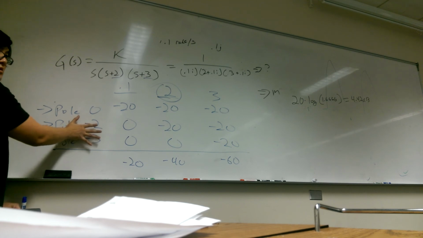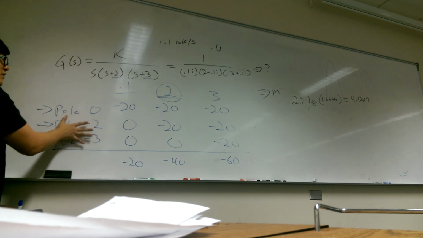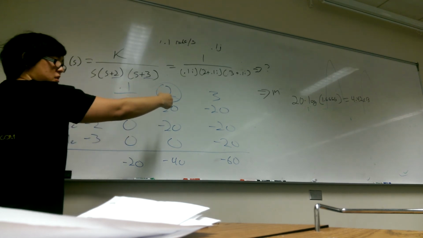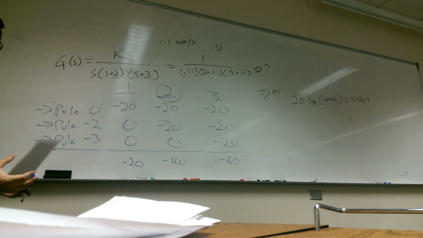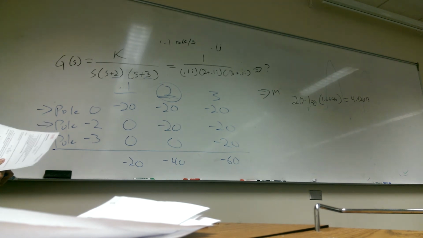Pretend they don't even exist. The effect of these poles don't happen until they reach a certain frequency. You just don't see a response from them until then. It's always -20, every single time, so it'll be in that pattern regardless.